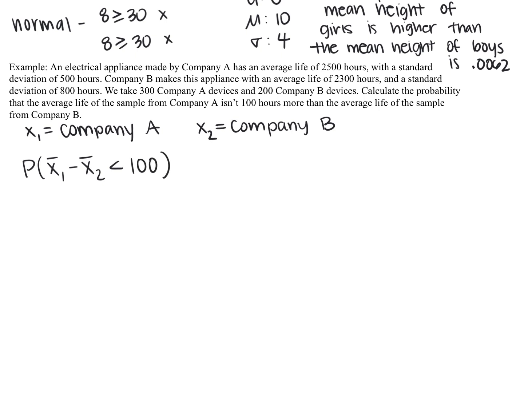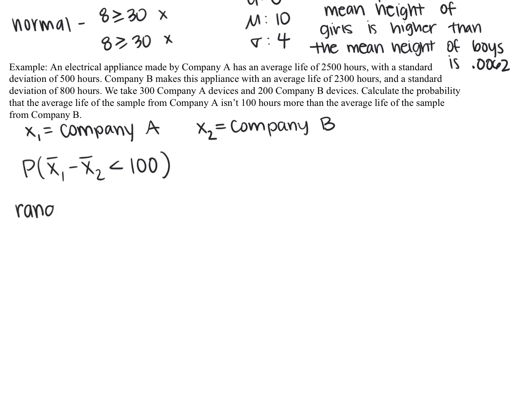So a little bit different of a problem because we're not specifically looking for one of them to be bigger than the other, in which case our difference would be either positive or negative. We're looking for it to be less than or greater than a specific amount.